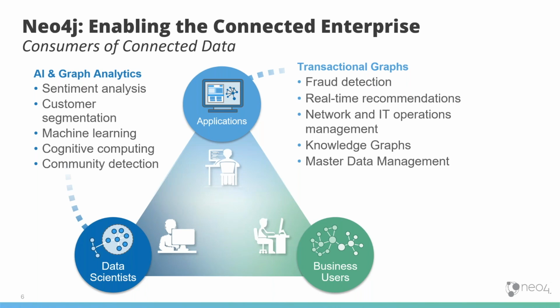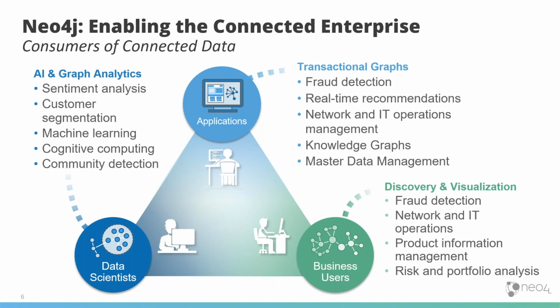This includes logic behind sentiment analyzers, logic behind customer segmentation. Cognitive computing is oftentimes looked at as a graph type activity. Community detection is another great example of where and when to use the graph algorithms that we've delivered.